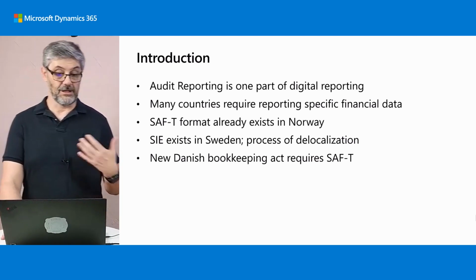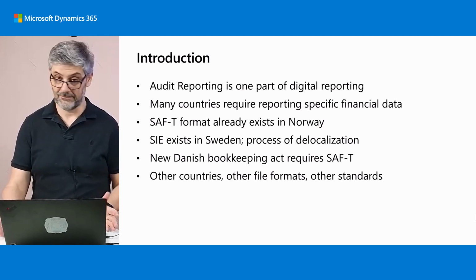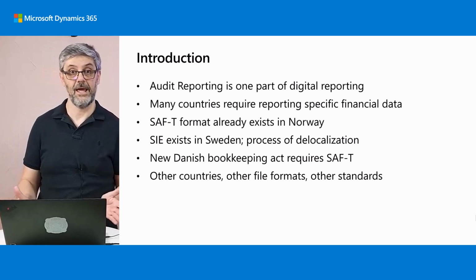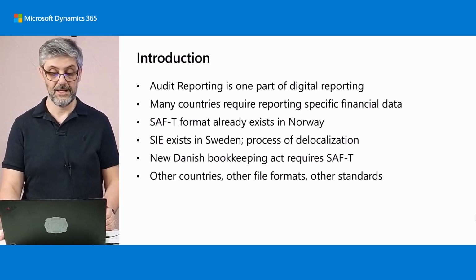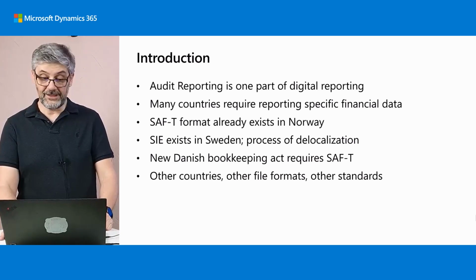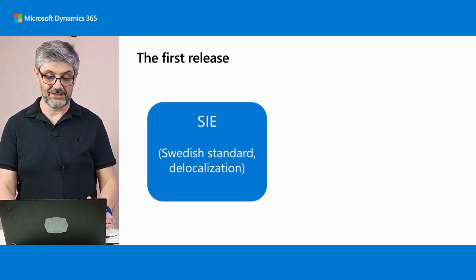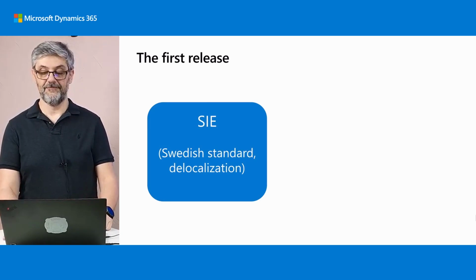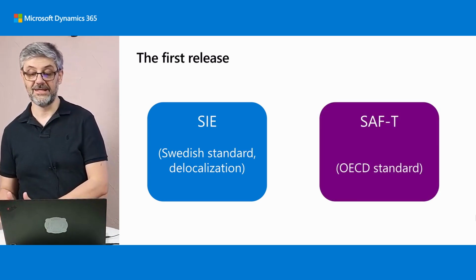This is not only about Norway, Sweden, and Denmark. As I said, there are other countries, other file formats, other standards, and our intention is to fulfill all these requirements. The first release will cover SIE as the Swedish standard, as part of the delocalization process, and SAF-T by the OECD standard.